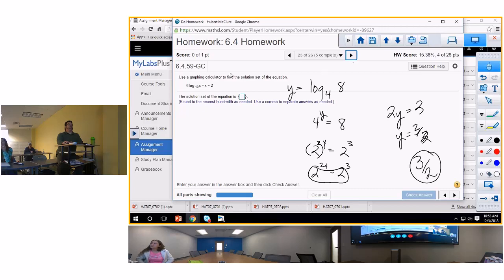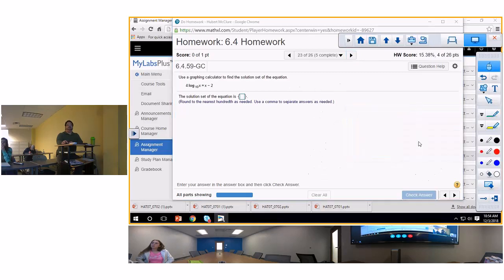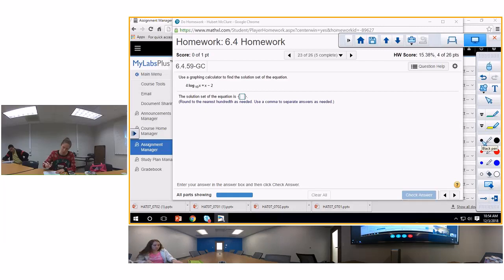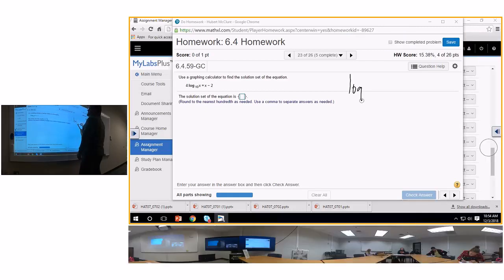Okay, I want you to do this because it says use the graphing calculator. All right, what are you going to do? Well, the first thing you're going to do is put that 4 out to the front, and then you'll have the definition of logarithm. This is a great test question. First thing I'm going to do, log base 10 of x to the 4th power is equal to x minus 2.